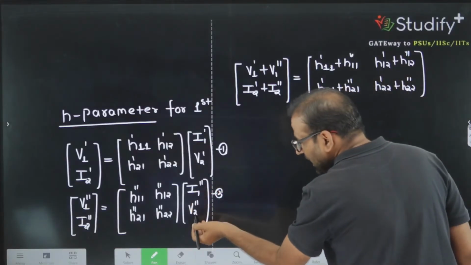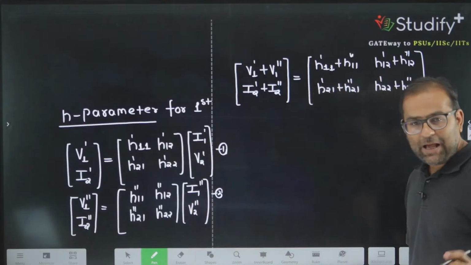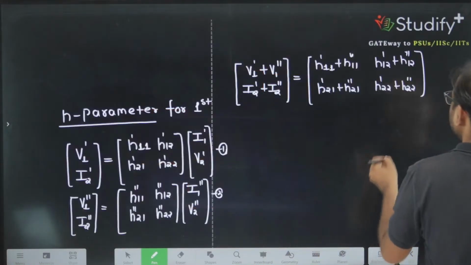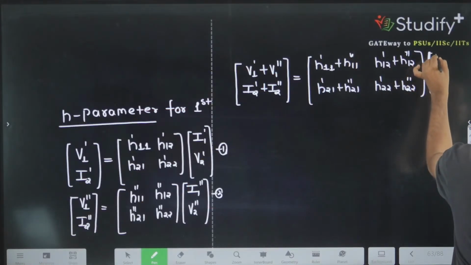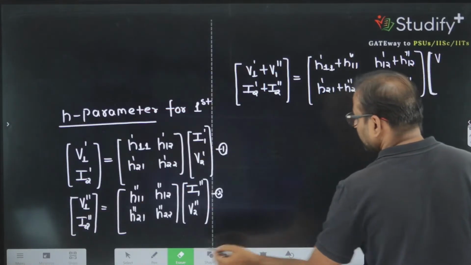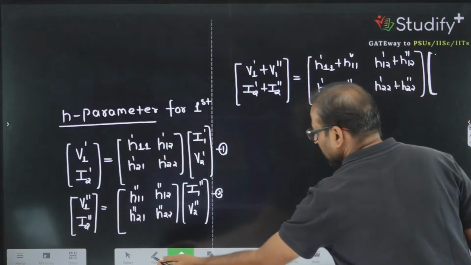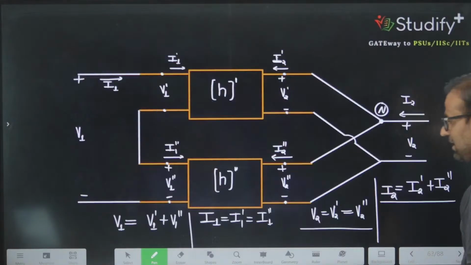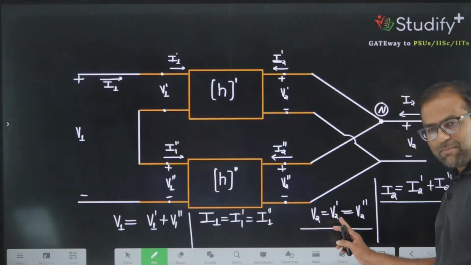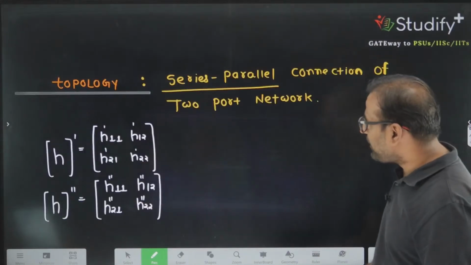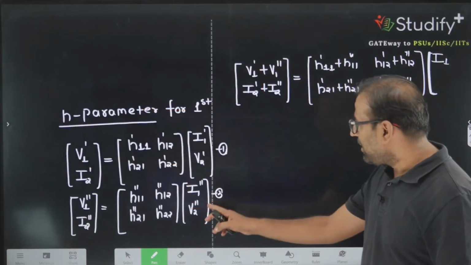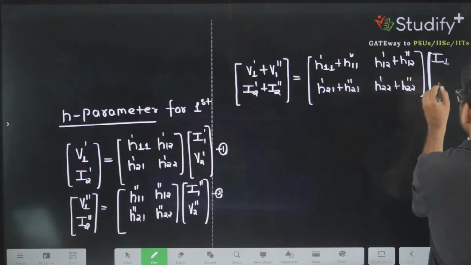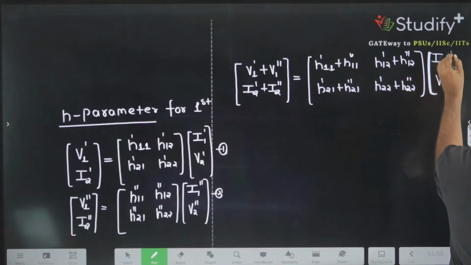This I1, I can write as I1 because I1 prime and I1 double prime are the same as I1, since we are trying to write the equivalent. And here V2 prime and V2 double prime are also same, so we can write this value as V2. This is I2.